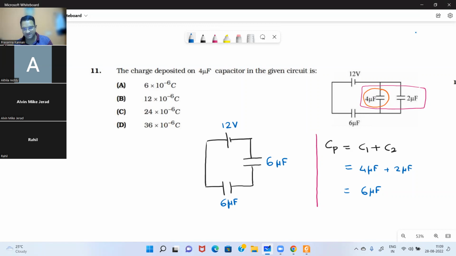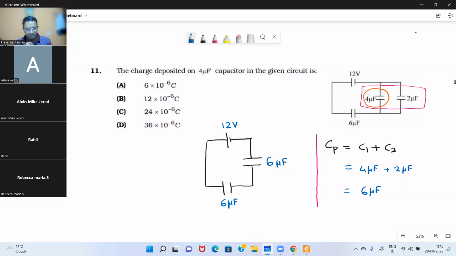Series, exactly. So in a series circuit, what remains same and what splits? In series, the charge is different and the potential different. Can you come again, Alvin?